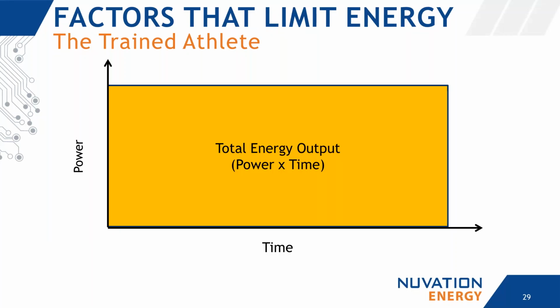So now that we've looked at the power and the duration, or the time aspect of energy output, let's look at what are some of the limiting factors in total energy output. First, for the athlete as our analogy, and then we'll apply that to a battery system. One of the most important factors, if you're going to ride your bike and get through some specific event duration, is actually your pacing.